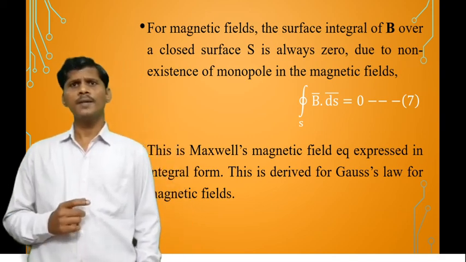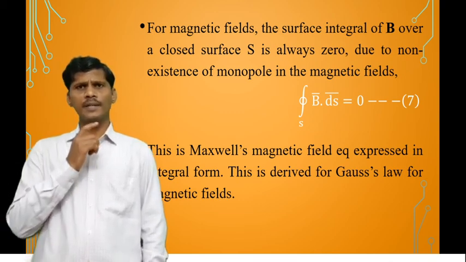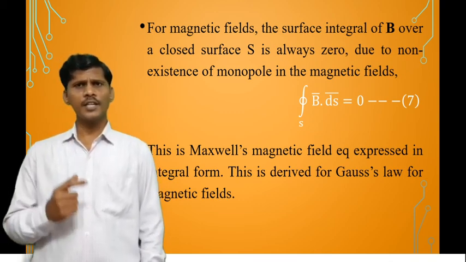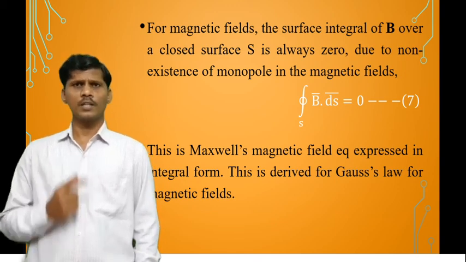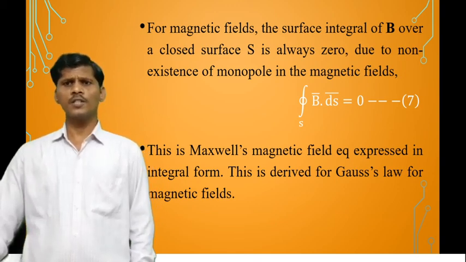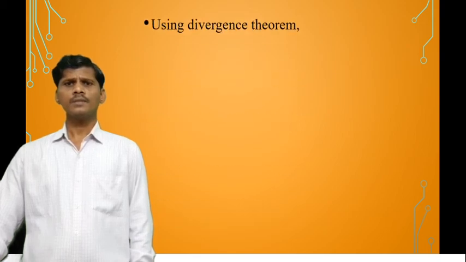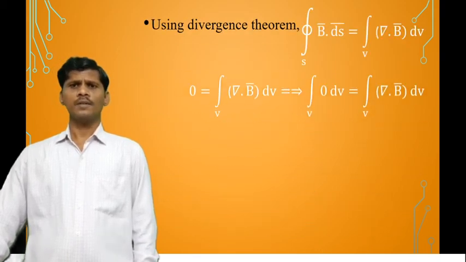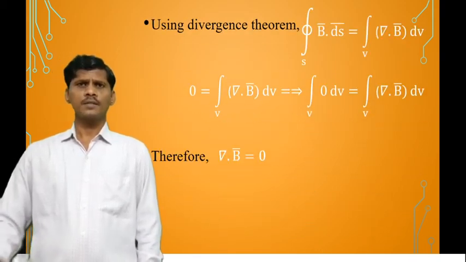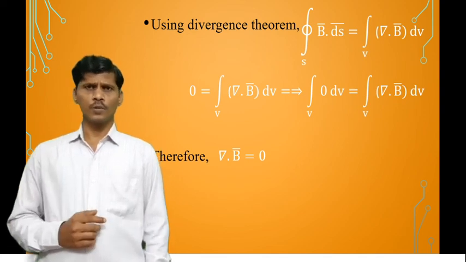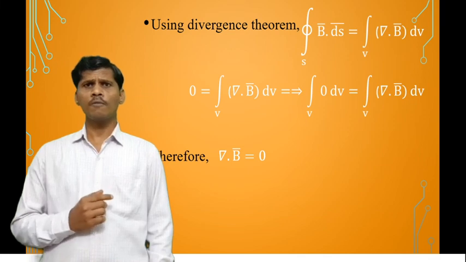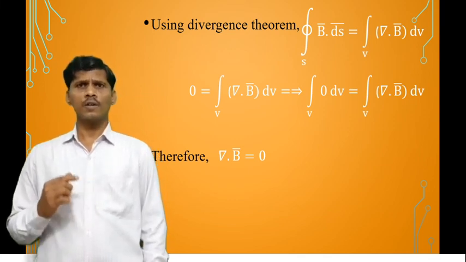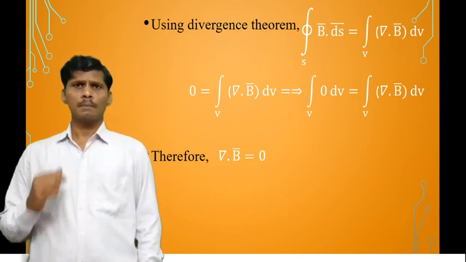Next, derive the differential form or point form of Maxwell equation. So using divergence theorem, the differential form is del dot b bar is equal to 0. So this is the differential form or point form of Maxwell equation for Gauss law for magnetic fields.